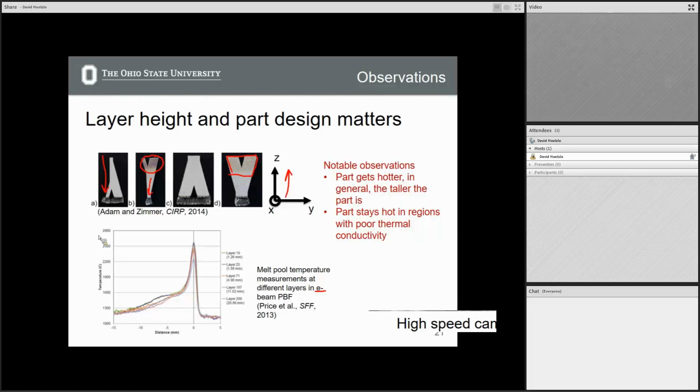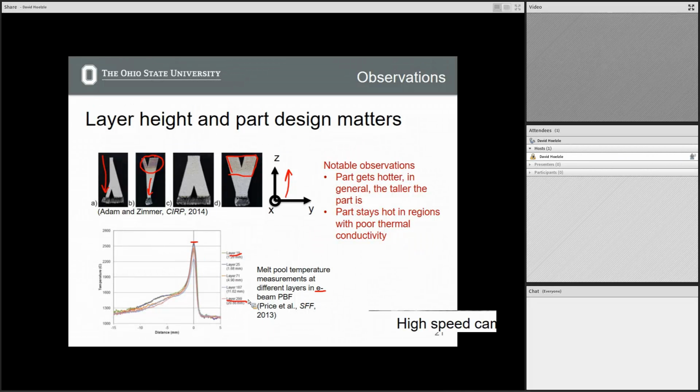This may be a little tough to see, but the lower layers are down here in terms of the temperatures you experience, and the higher layers are up here. So this is layer 19 all the way up to layer 299.